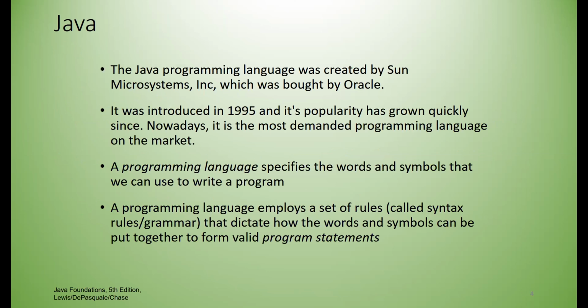Java. So hopefully you have read this. What is Java? Tell me. A language? A programming language. So Java is a programming language. Okay. And what is a language composed of?